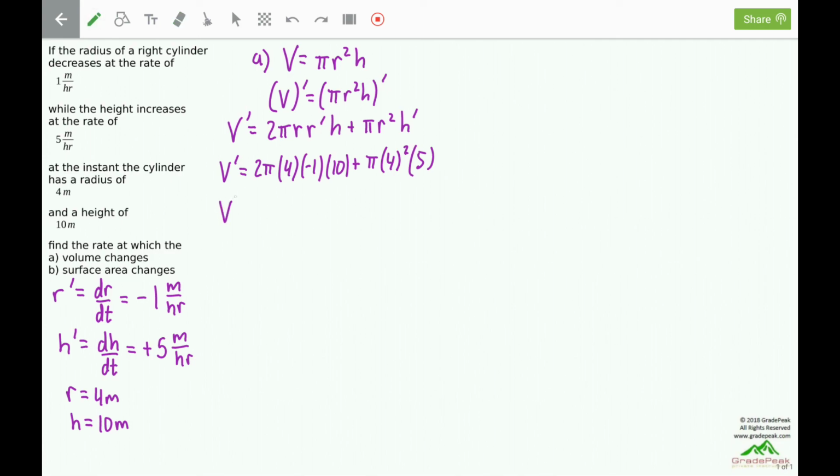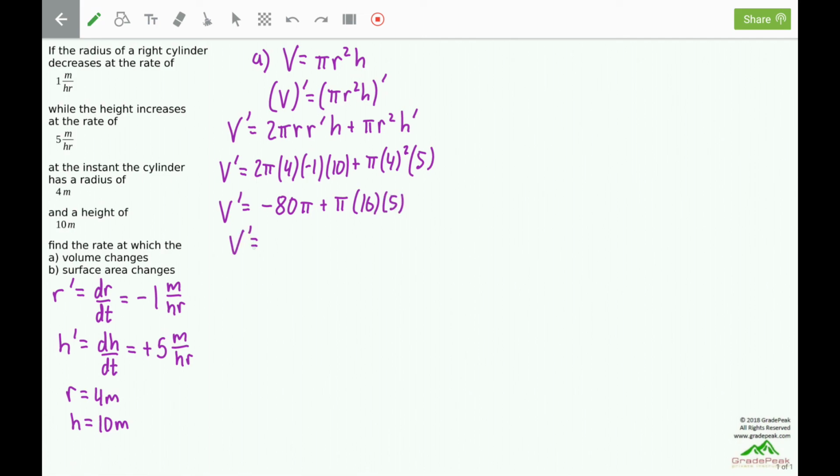So V prime is now equal to 2 times 4, which is an 8, times a negative 1, which is a negative 8, times the 10 is negative 80, and then times the pi, plus pi times 4 squared, which is 16, times 5.